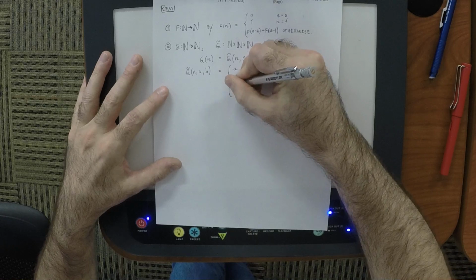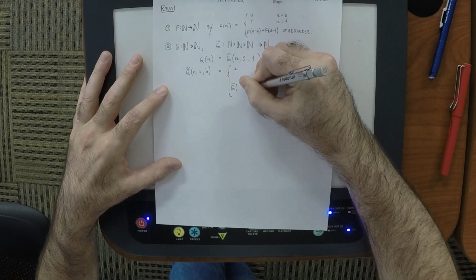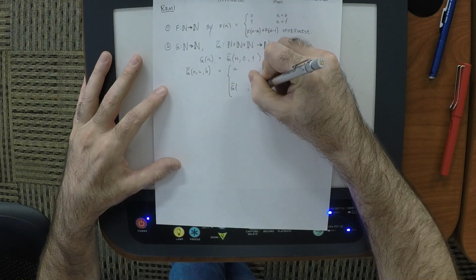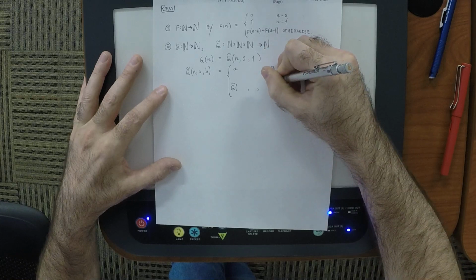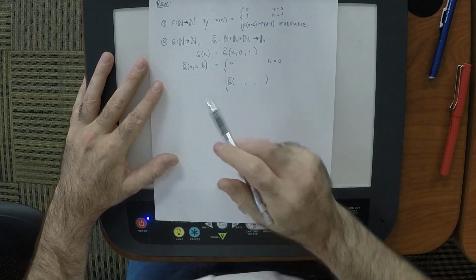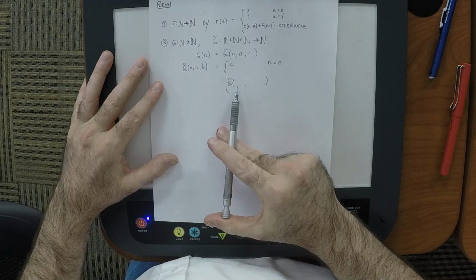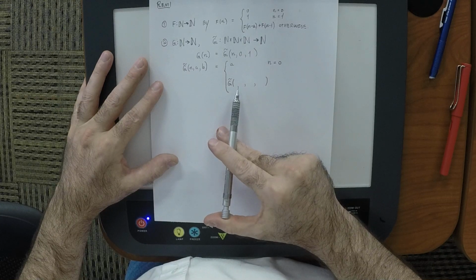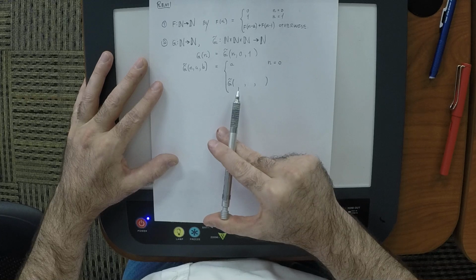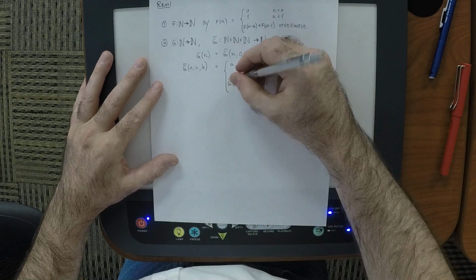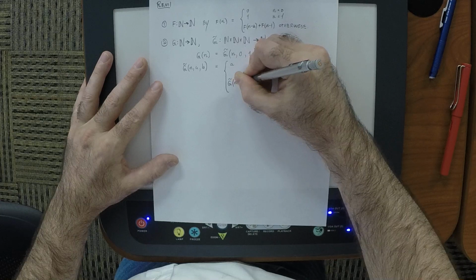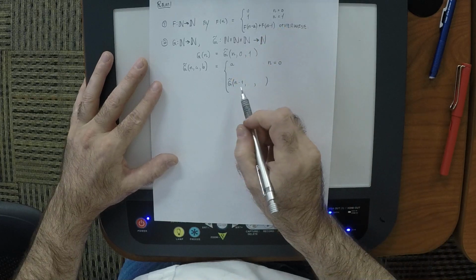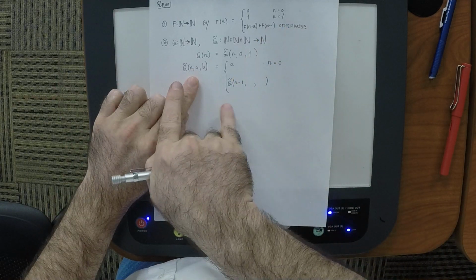So if n isn't 0, that means that we have more work to do, essentially. So we'll evaluate G tilde again. And the question is what goes in the arguments? So what about this one? This will be n minus 1. Now, conceptually, the reason why is because, well, you could think of it like this.